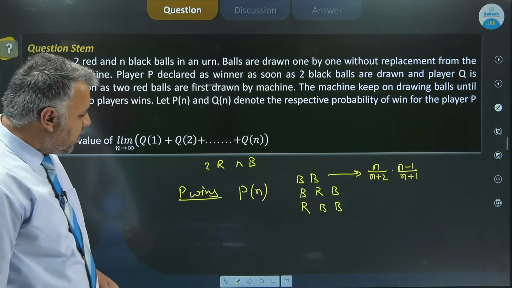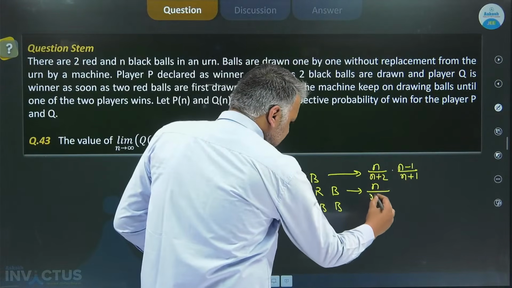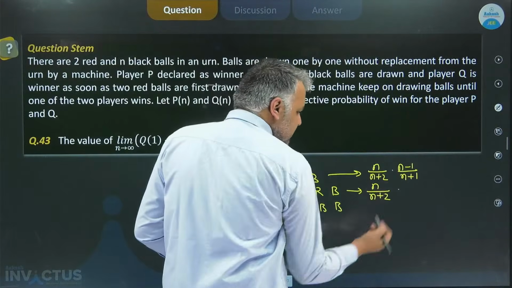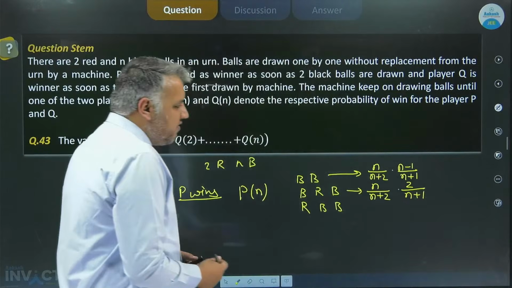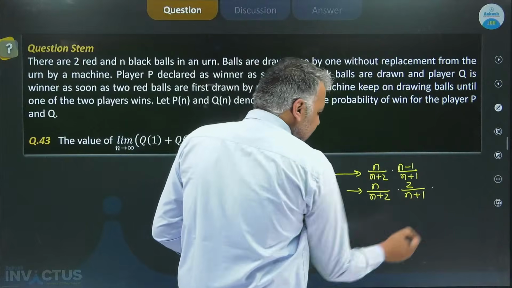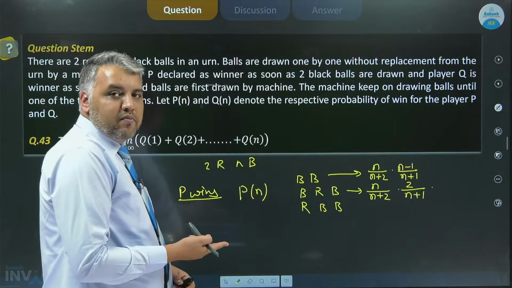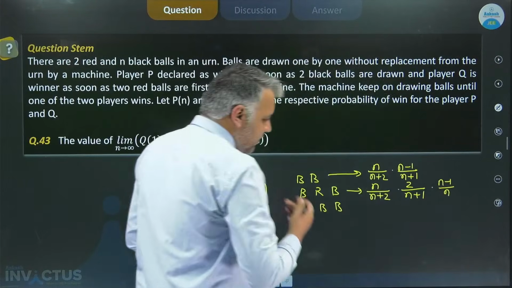Now, if on the first draw a black ball is drawn, the probability is n by n plus 2. On the second draw, there will be a total of n plus 1 balls, but there are 2 red balls, so drawing a red ball has probability 2 divided by n plus 1. And on the third draw, there will be n minus 1 black balls remaining and a total of n balls, so drawing a black ball is n minus 1 divided by n.